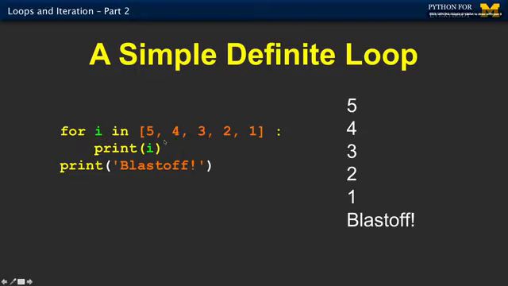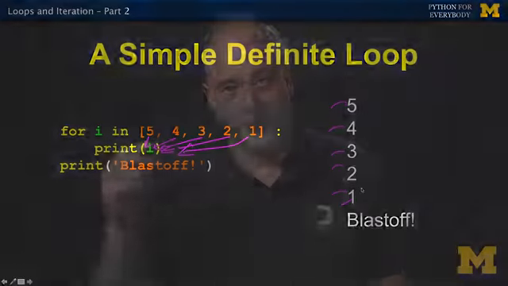Another way to draw that would be: run it once for 5, once for 4, once for 3, once for 2, and once for 1. 5, 4, 3, 2, 1, blast off. Right? So that's very definite. Python takes care of everything for us. We don't have to have a logical condition to stop or anything like that.